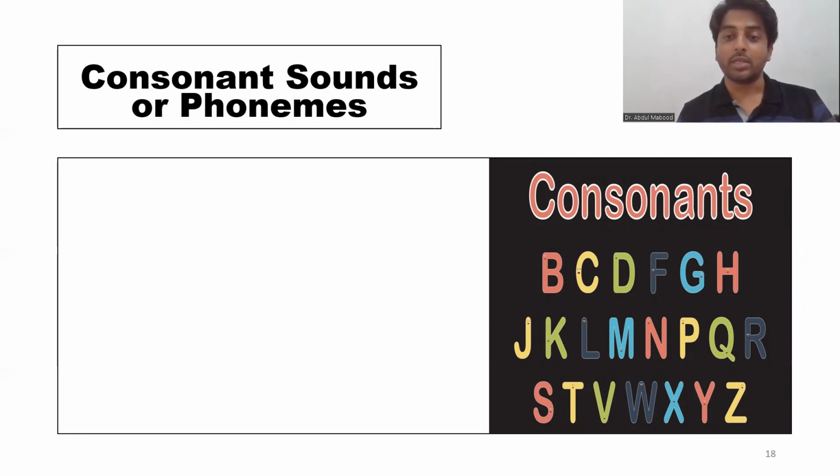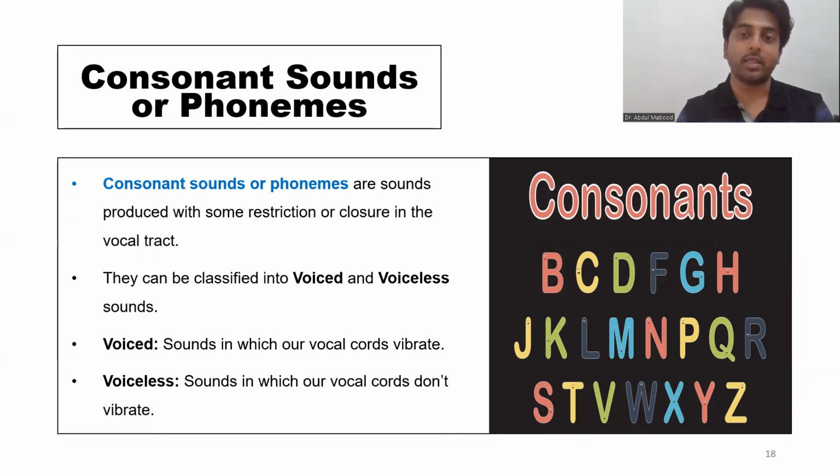How many consonants? 1, 2, 3, up to 21. So in consonant sounds, obviously, the number will be bigger. Why? Because some letters can produce more than one sound, like in the case of G.